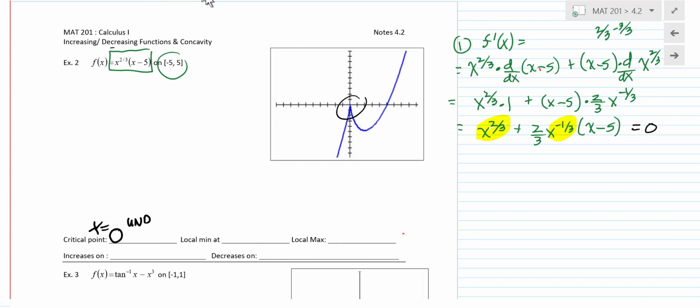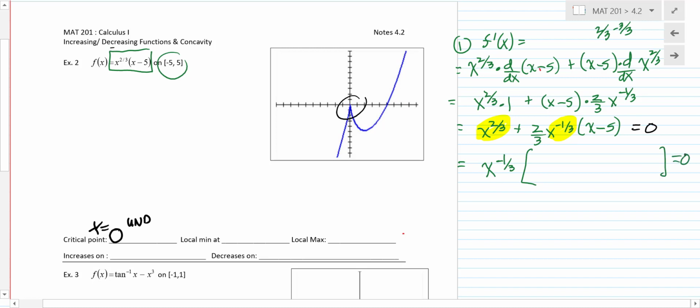So when we do that, you want to do x to the -1/3, then have a bracket here, and then fill in the gaps, which is not that hard. You can sometimes do this in your head. You've got to think about what power of x you're multiplying x to the -1/3 by to get x to the 2/3. What would go there?